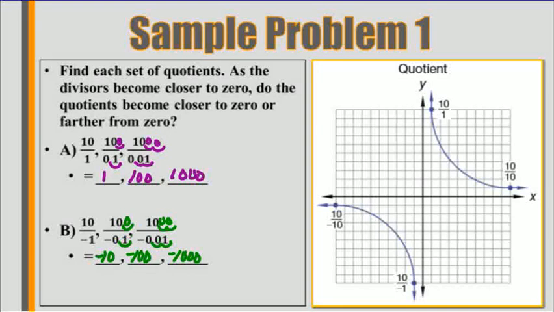So what happens to these numbers as you get your divisor closer and closer to 0? From the negative side, when you're getting closer and closer to 0, your quotient is actually getting further and further away from 0 to the left.